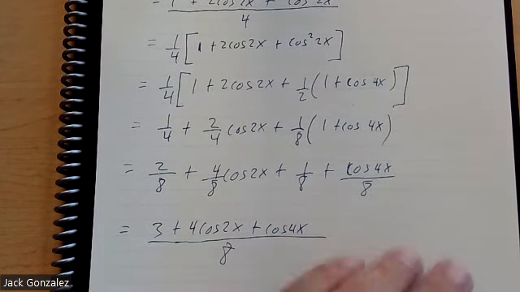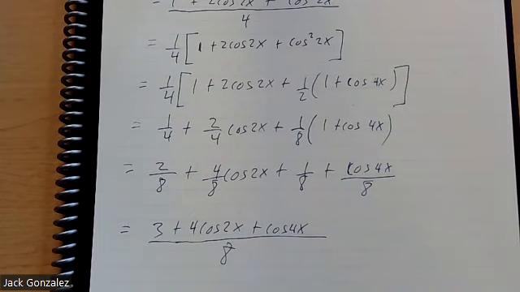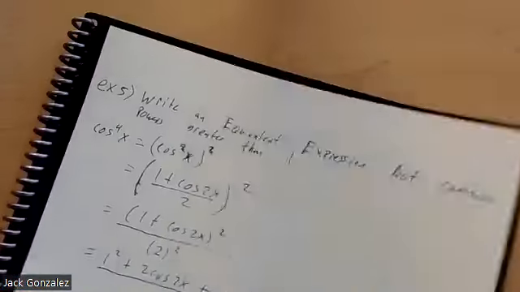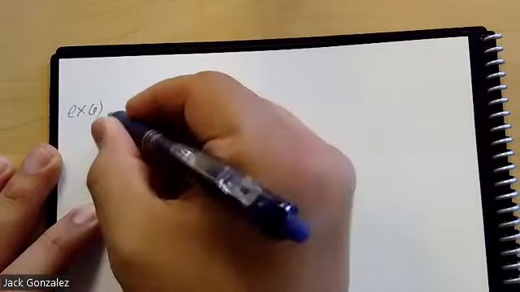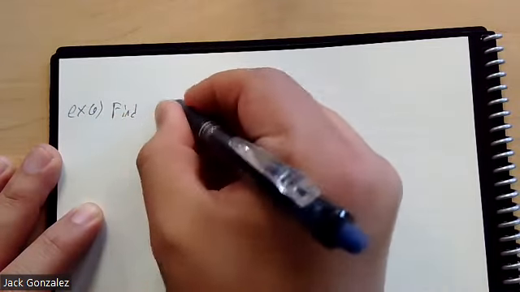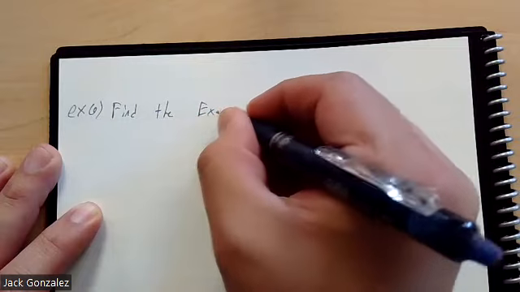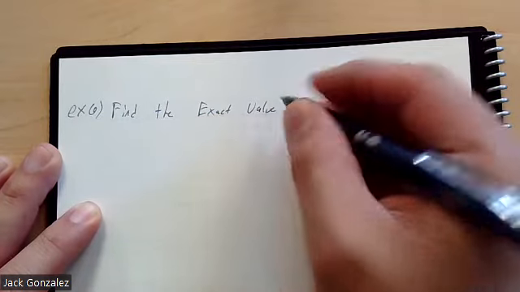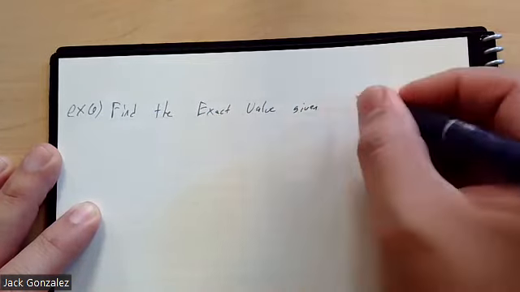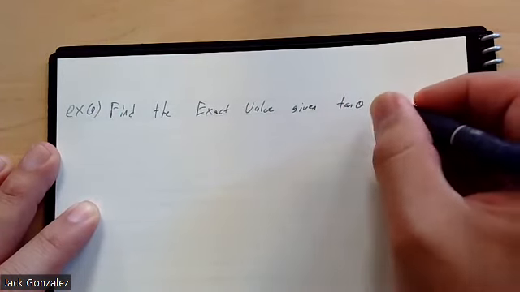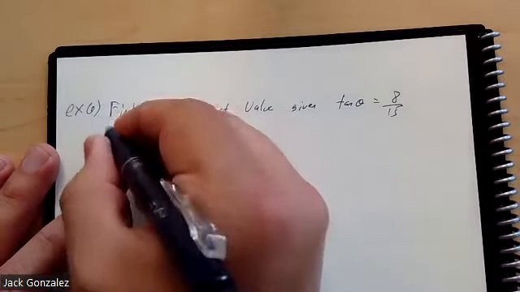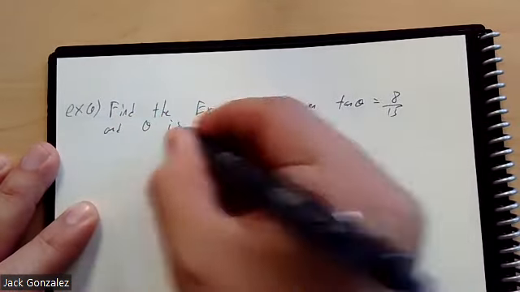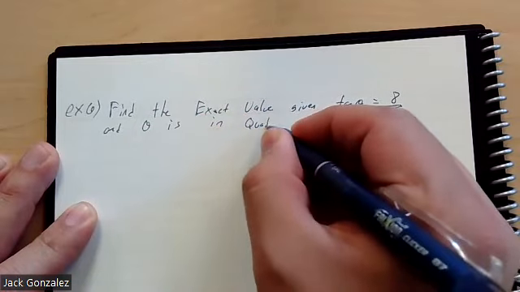Let's do a half angle problem, because those are more complicated. Find the exact value, given tangent theta equal to 8/15, and theta is in quadrant 3.